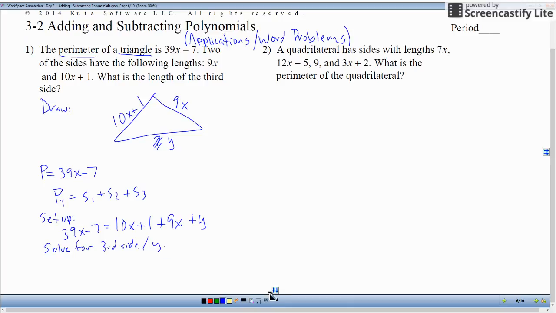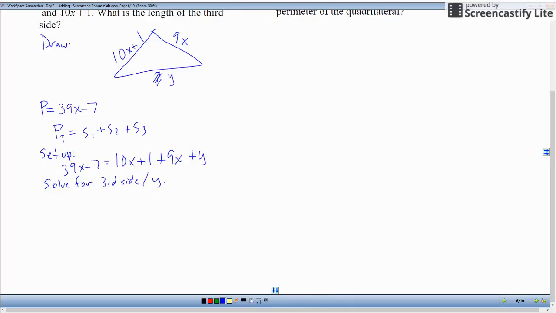Now watch what I do here, how I do this. The way it works is I rewrite this problem and I think about it step by step. So I write down 39x minus 7 equals 10x plus 1 plus 9x plus y. And now I want to move everything on the right side of the equal sign to the left side so I can get y by itself.